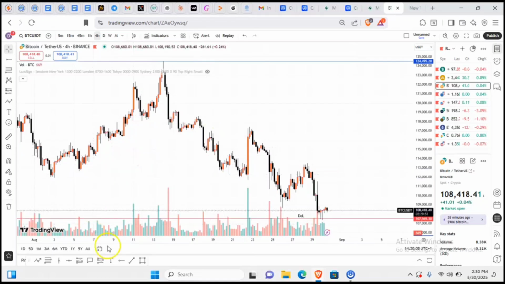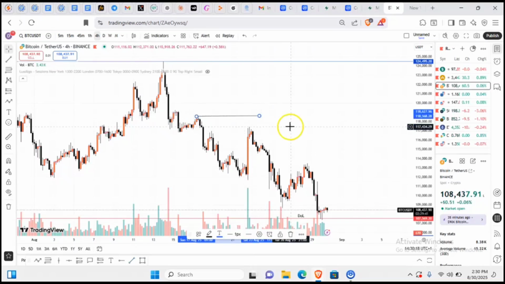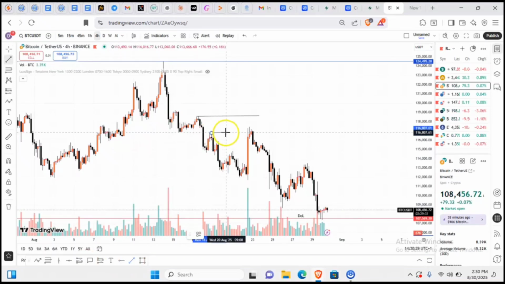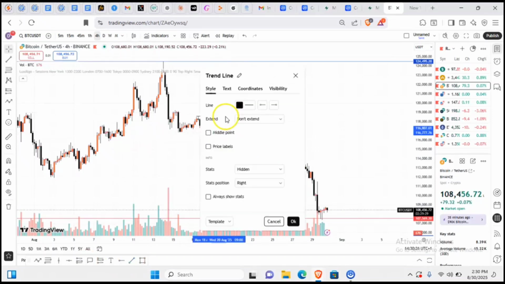So let's quickly do a rundown analysis. We have a high here. Okay, we have a high here. Observe that, and price created another high, which is close to this high.